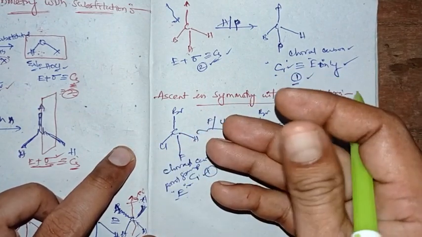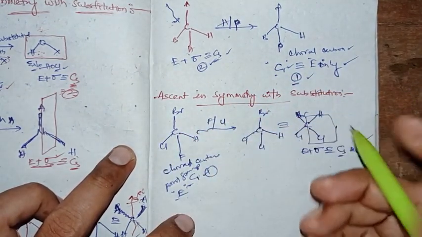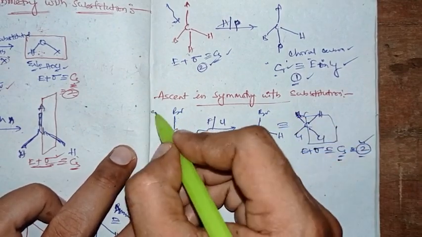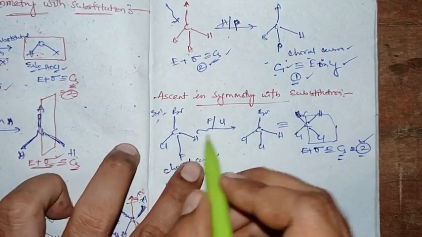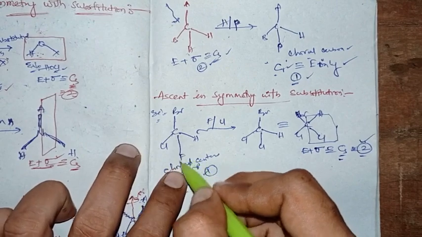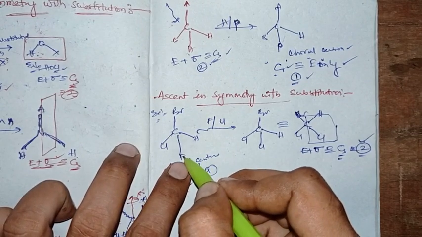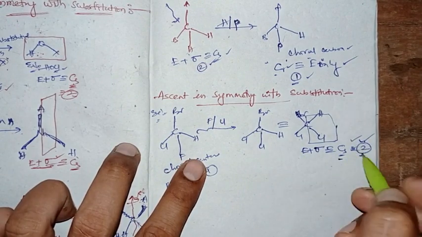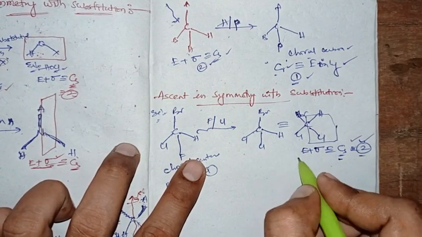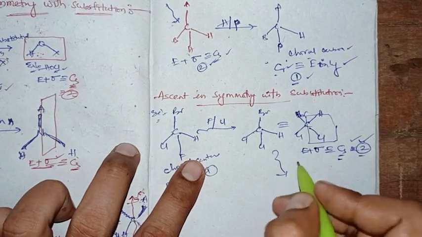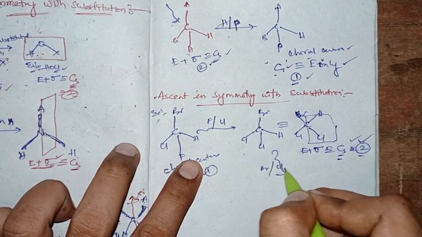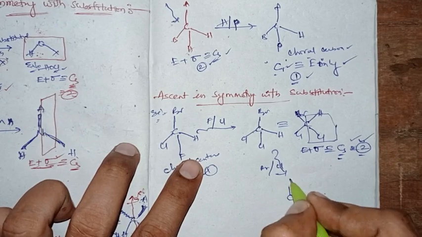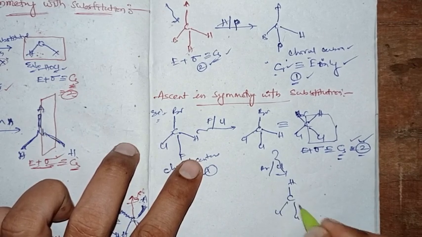Generating a new symmetry element in the moiety upon substitution is known as ascent in symmetry, where the best example is the chiral carbon. When we substitute one of the different elements by a similar atom, it results in an enhancement of the point group. Further, when bromine is replaced by another chlorine, it gives carbon, hydrogen, chlorine, chlorine, chlorine.